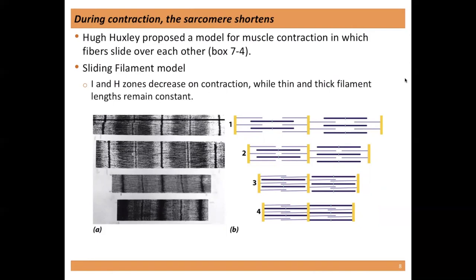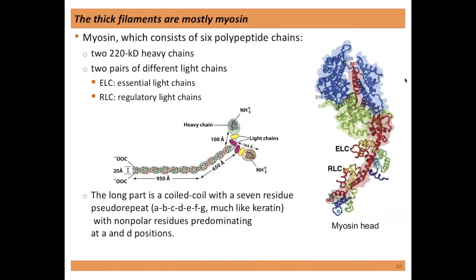And that is because these individual filaments are starting to slide and overlap with each other. And so you can see if there was some way that we could slide or pull these yellow pieces together, we could actually get muscle contraction. And that is what happens.